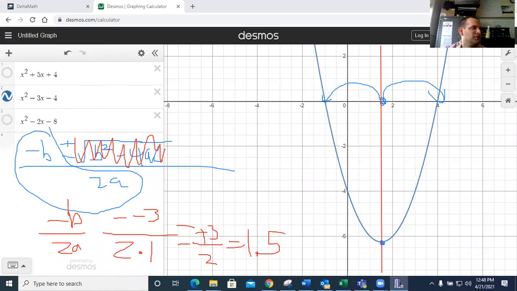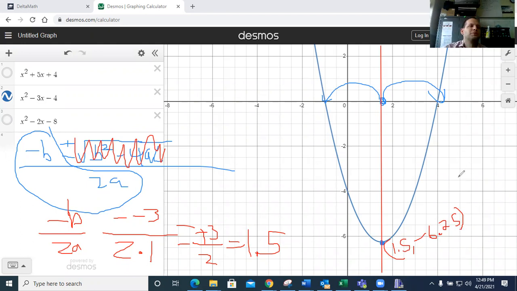So the lowest point on this graph is 1.5, comma, negative 6.25. That is the vertex of this parabola. The curve is called a parabola when it's shaped like this.